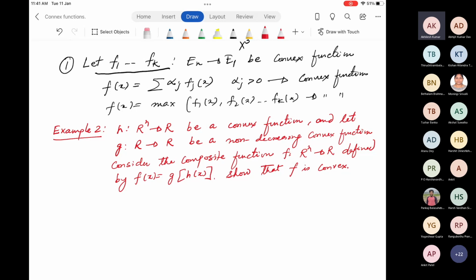Okay, I hope all of you have copied this problem. Yes, sir. Screenshot whatever you want. I will upload this lecture after solving this problem.